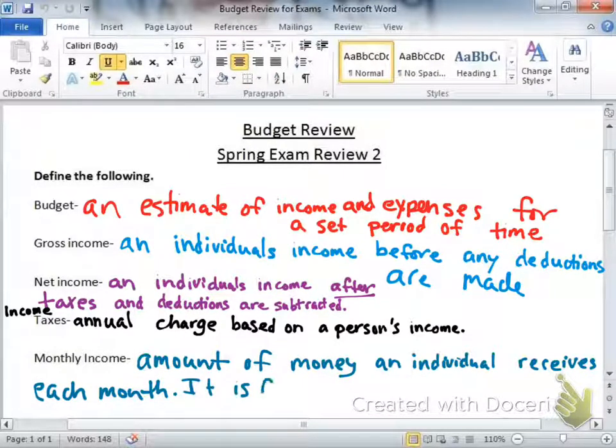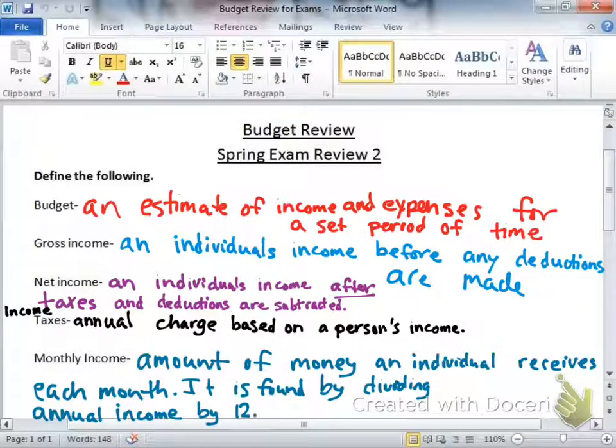It is found by dividing annual income by 12.